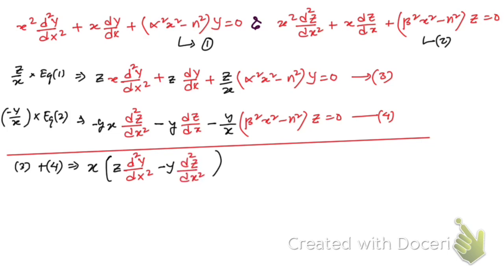And from the next term here, you see, from these two, so nothing is common here, so we can write this way: plus z dy by dx, just give me a second, let me write it properly, z dy by dx, then minus y dz by dx, that's what we're gonna have.